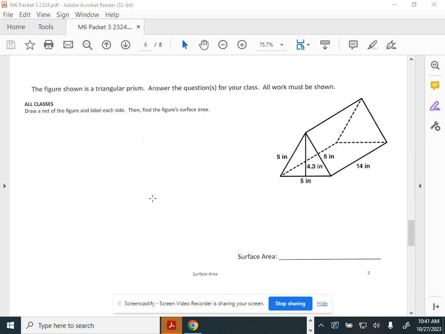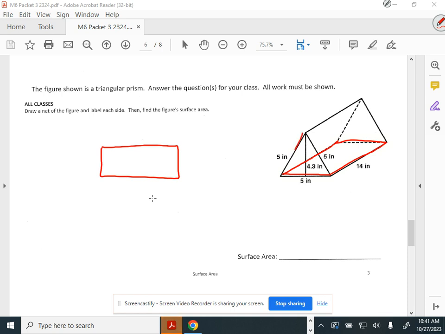Oh, we have to do a net, but this time it's not a rectangular prism. Uh-oh, it is a different shape. This is a triangular prism. So we have to think, just like with that rectangular prism, if we cut on the sides and laid it flat, what would it look like? I have one big rectangle on the bottom.